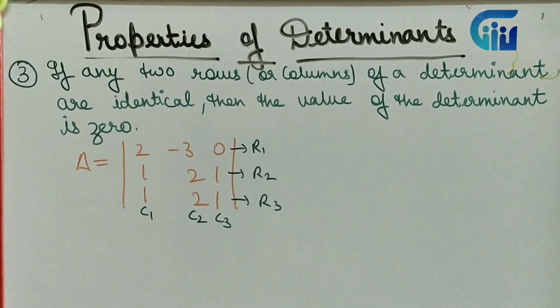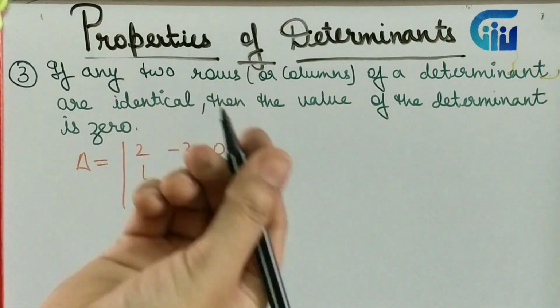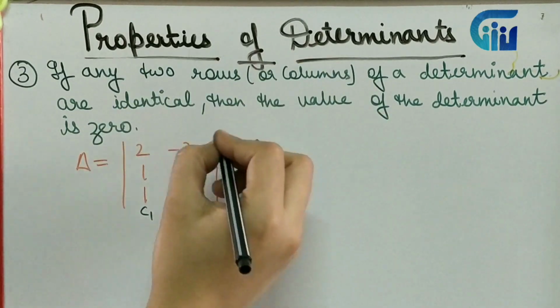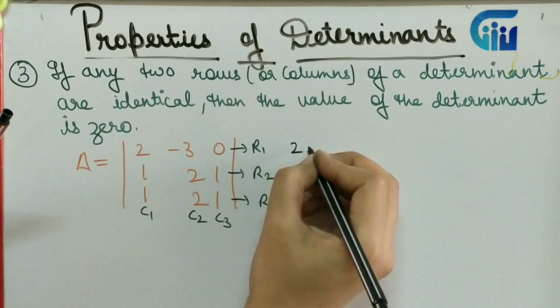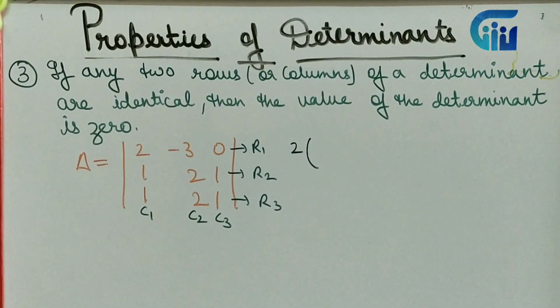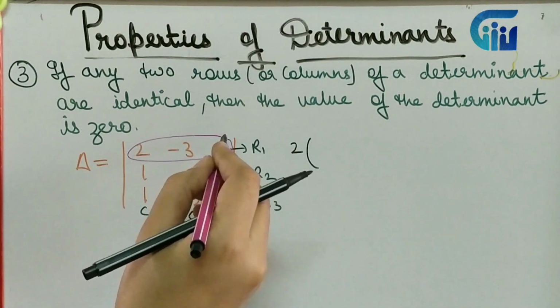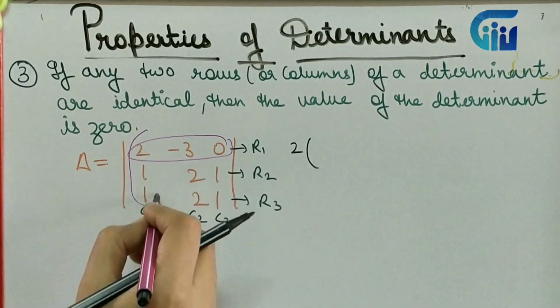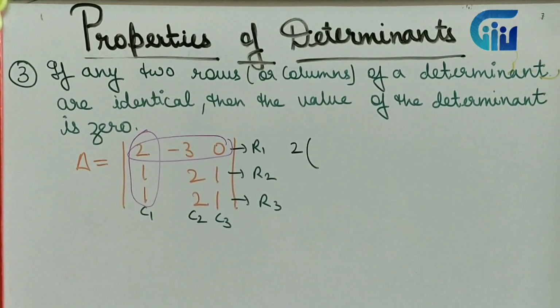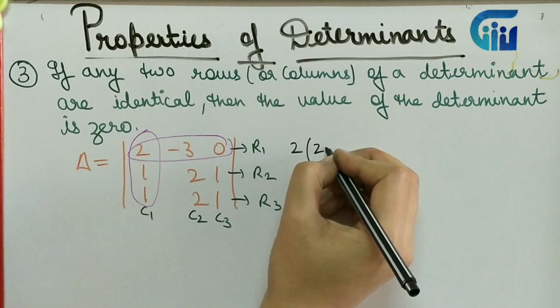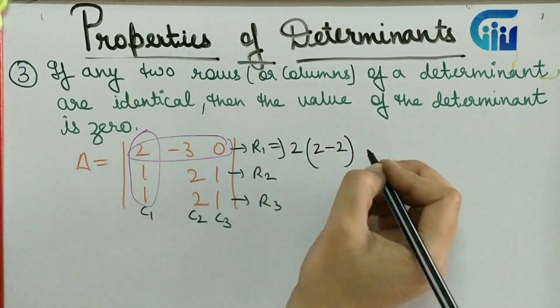Now let's verify. So I'll expand it along R1 because it has 0 over here. So I'll write 2, cover it along row and column. So we will cover it along this particular row and this particular column. So we will get 1 into 2 as 2 minus 2. Let's take the second element.